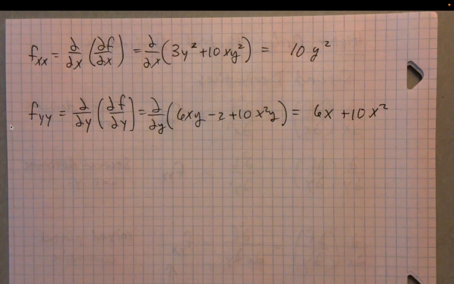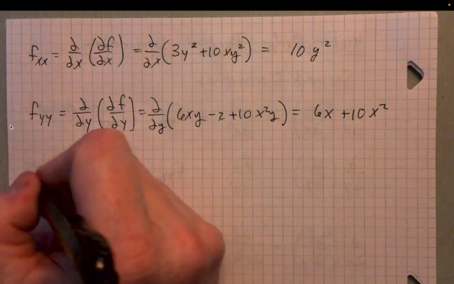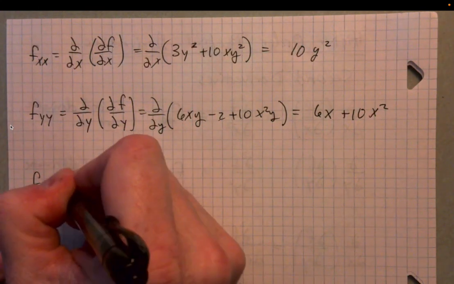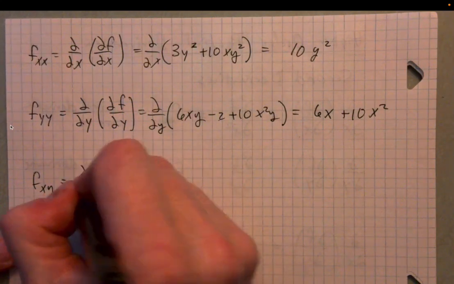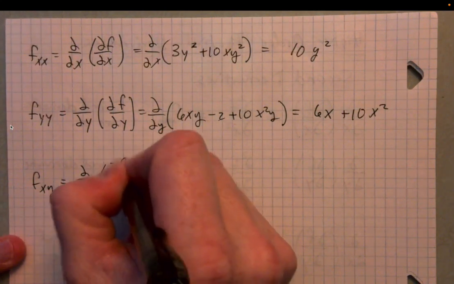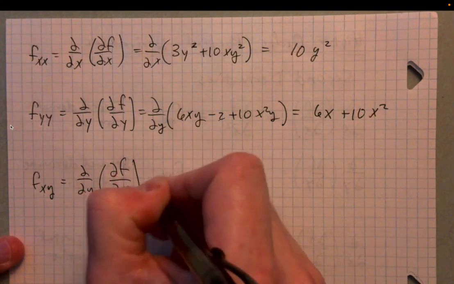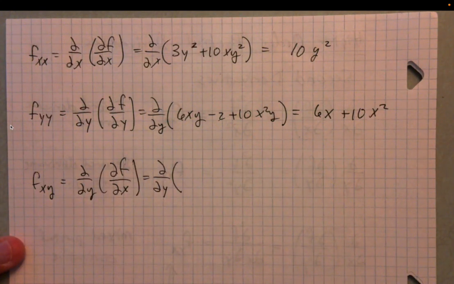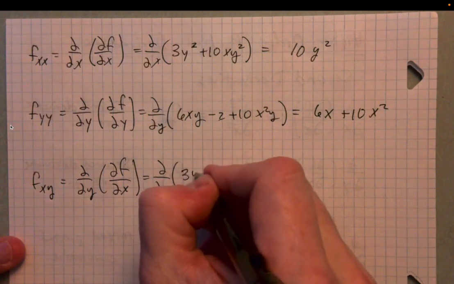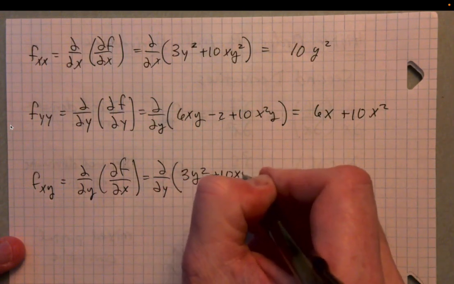Now, what about the mixed derivatives? In particular, let's look at f sub xy first. This is going to be del y of del f del x. Here we had 3y squared plus 10xy squared, right?